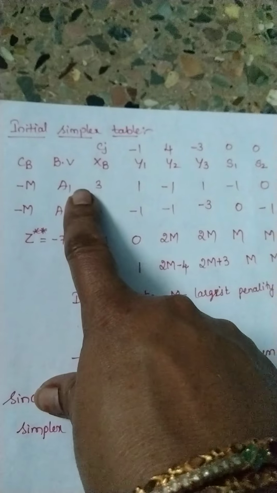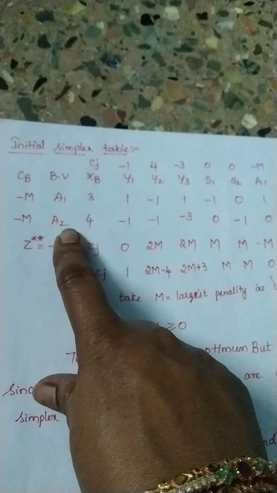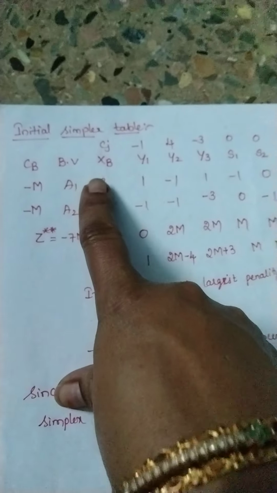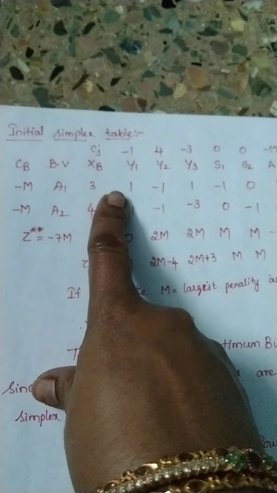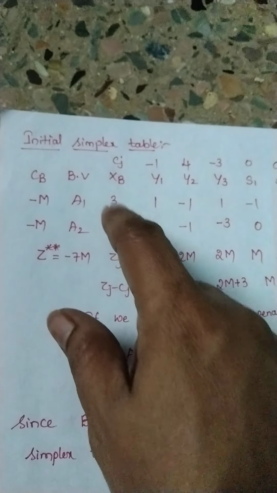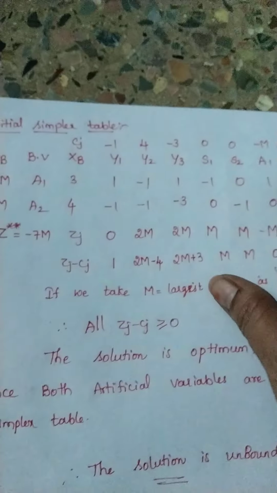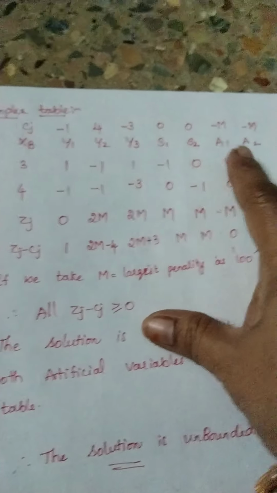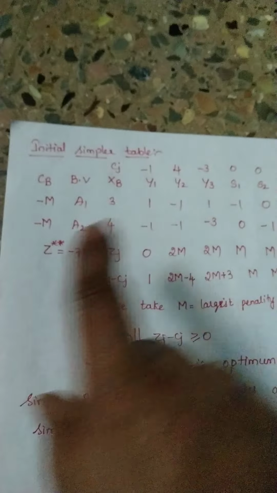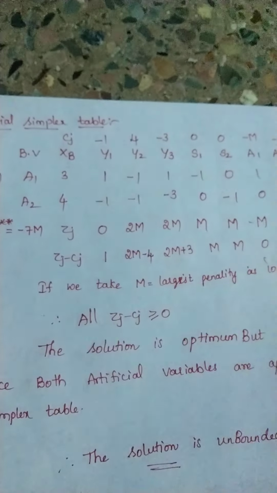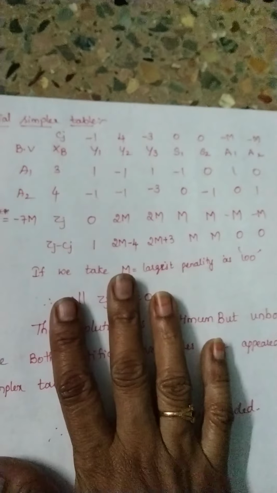The basic variables are a1 and a2, with the values a1 is 3 and a2 is 4. What are the coefficients for these two, a1 and a2, in the standard LPP form objective function? That is minus M and minus M. That's why we have written minus M and minus M.